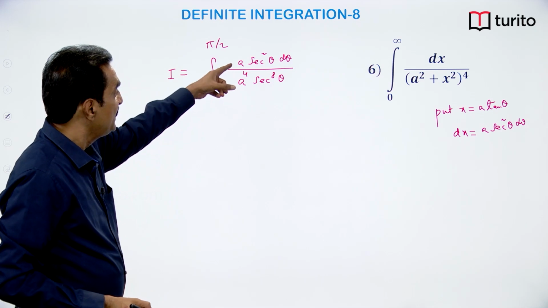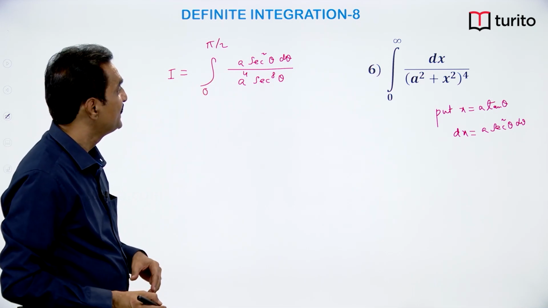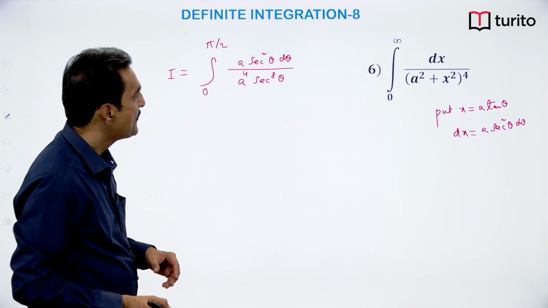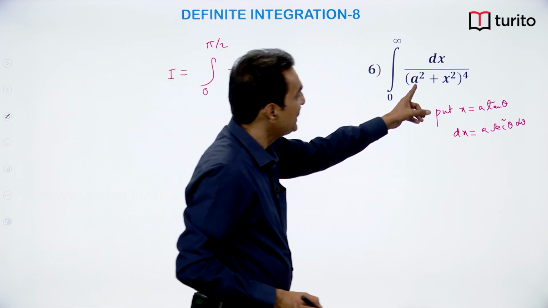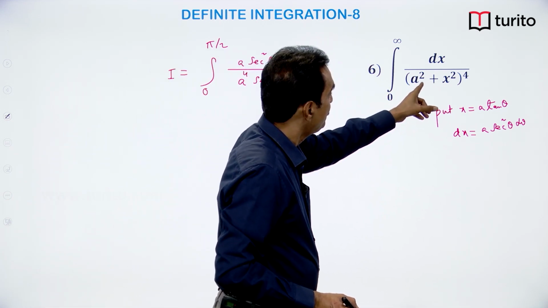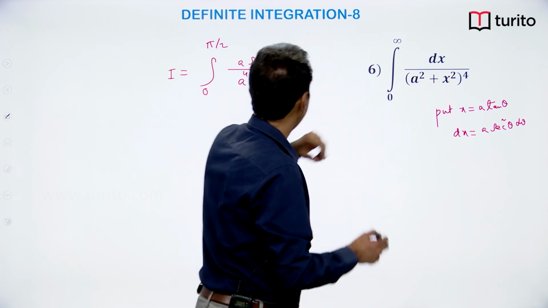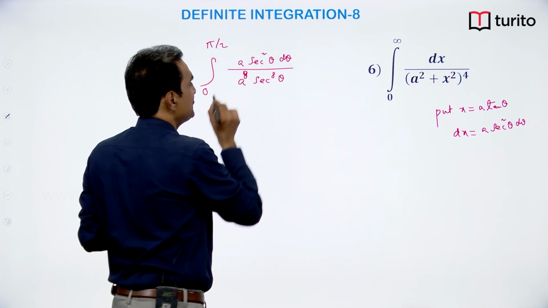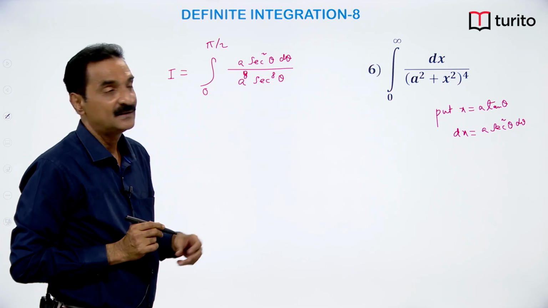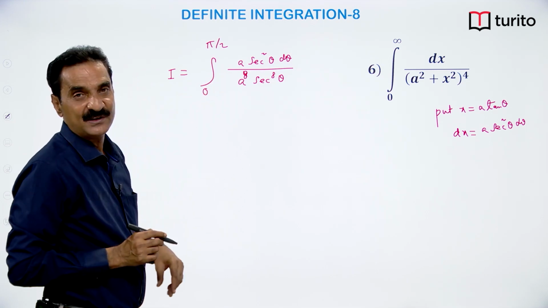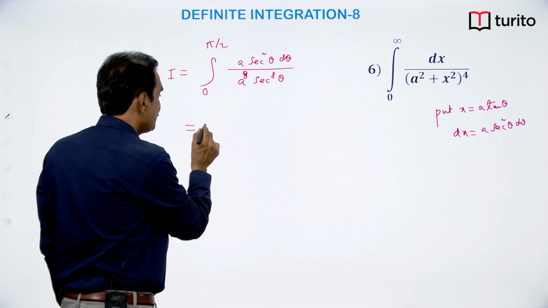Now a by a power 4 is 1, so it becomes a square sec square theta whole power 4, which means here you will get a power 8. Is it not? Then a by a power 8 is 1 by a power 7.